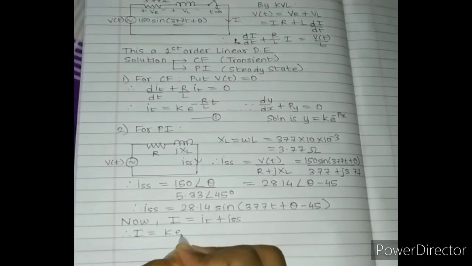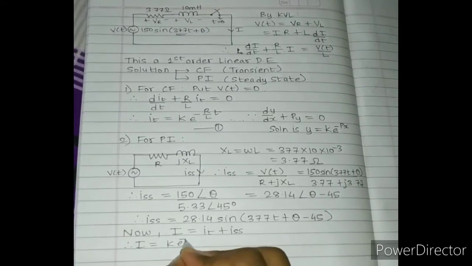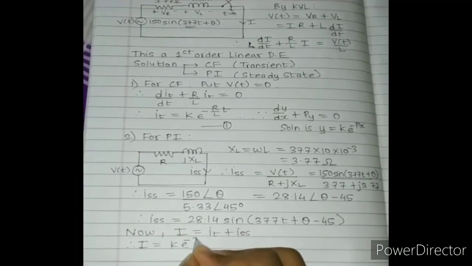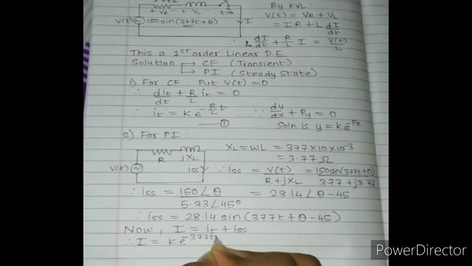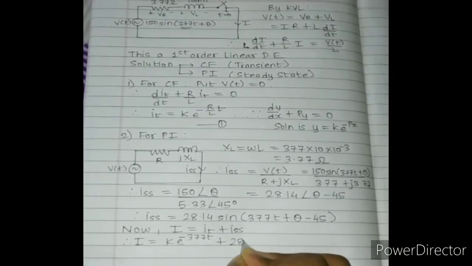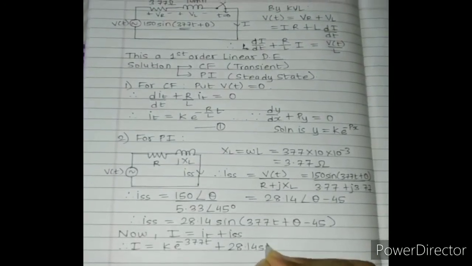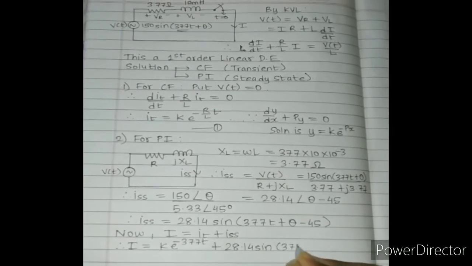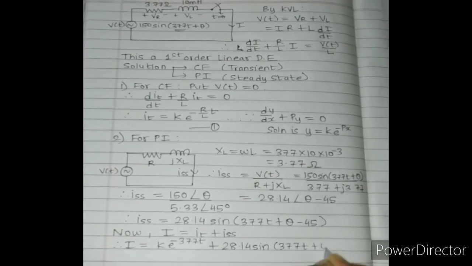Therefore, I is equal to K e raised to minus 377t plus 28.14 sine of (377t plus theta minus 45 degree).